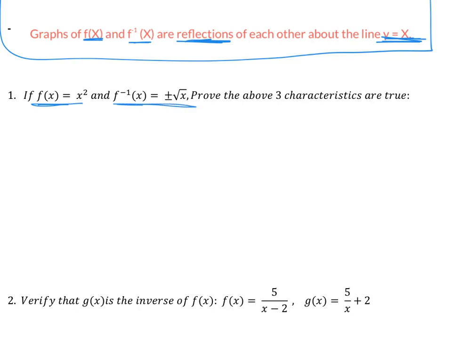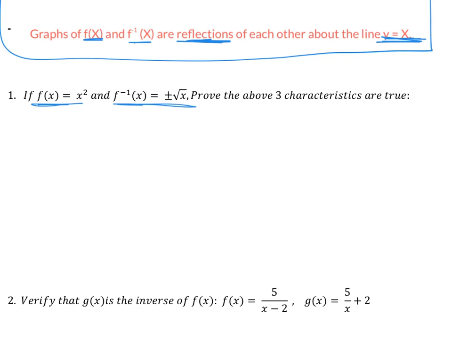Those above three characteristics that you should have just taken down, we're going to prove that those all are true. What we'll do first is graph these. We'll first work with the third characteristic, and then move our way up, going over the domain and the range for each f of x and its inverse function.